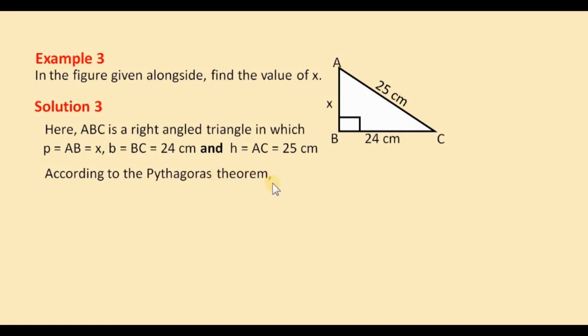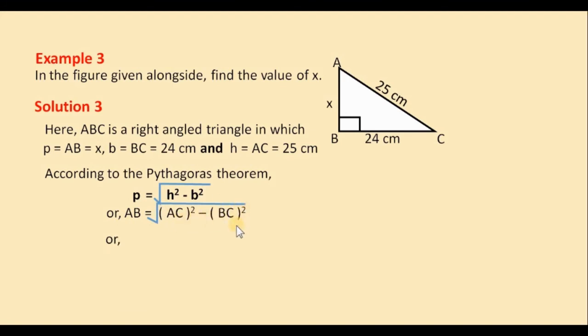According to the Pythagoras theorem, P is equal to square root of H square minus B square, where P is AB, H is AC and B is BC. So AB is equal to square root of AC whole square minus BC whole square. AB is X, AC is 25 centimeter, BC is 24 centimeter.